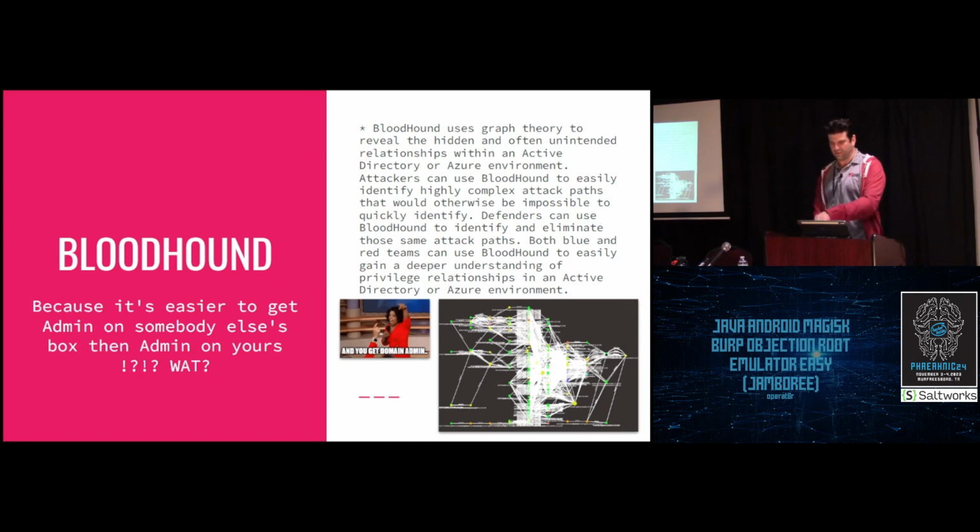But yeah, I use this graph theory to reveal the hidden and often unintended relationships in an Active Directory or Azure environment. They do have Azure stuff, which I haven't even played with yet. Identifying highly complex attack paths that would otherwise be impossible to quickly identify. As far as I know, there's only a couple of companies that do anything like this, and if they do, it's not nearly as detailed.